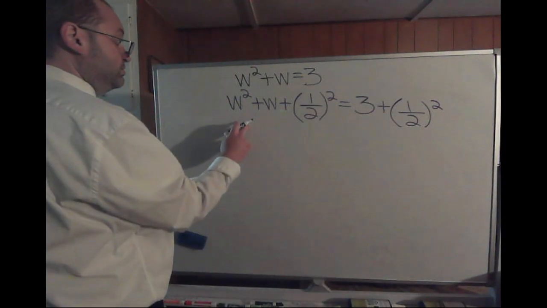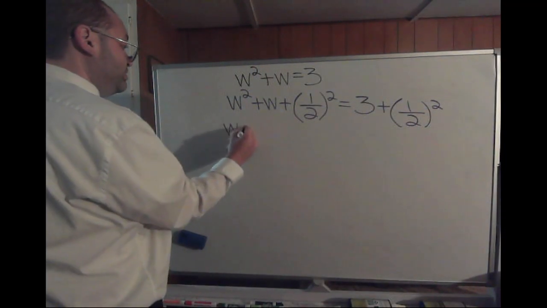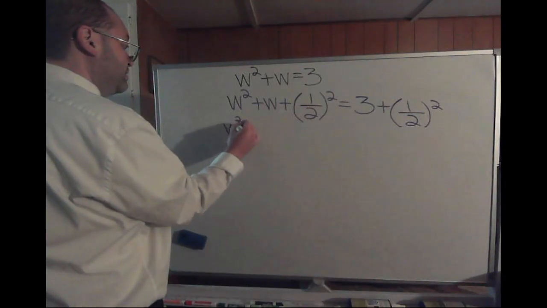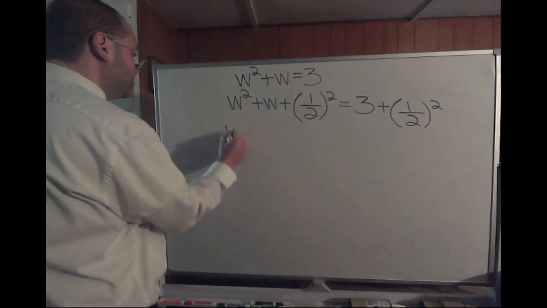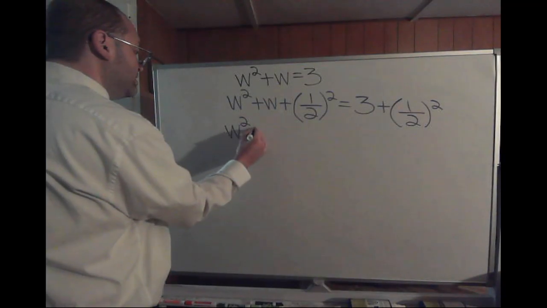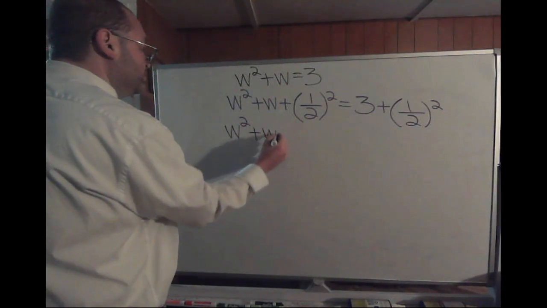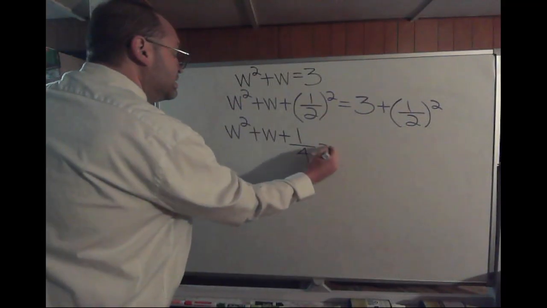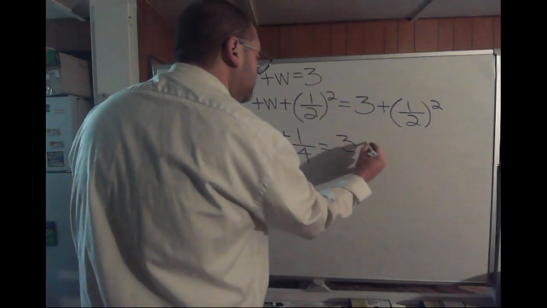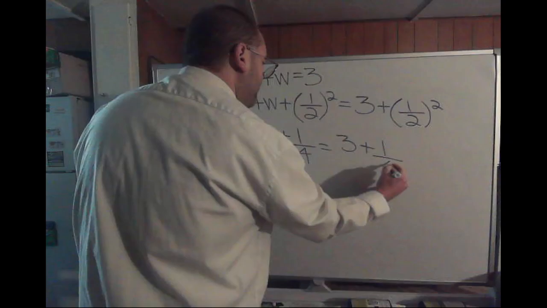Okay, well, this turns into w squared. Let me write that a little bit better. This will turn into w squared plus w plus 1/4 is equal to 3 plus 1/4.